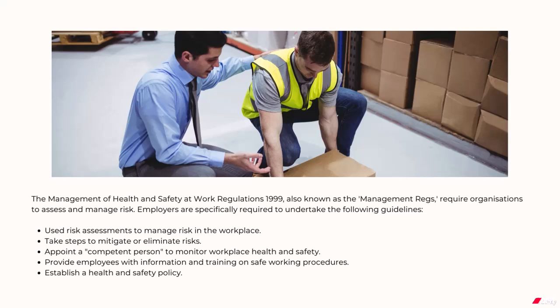Use risk assessments to manage risk in the workplace. Take steps to mitigate or eliminate risks. Appoint a competent person to monitor workplace health and safety. Provide employees with information and training on safe working procedures. Establish a health and safety policy.